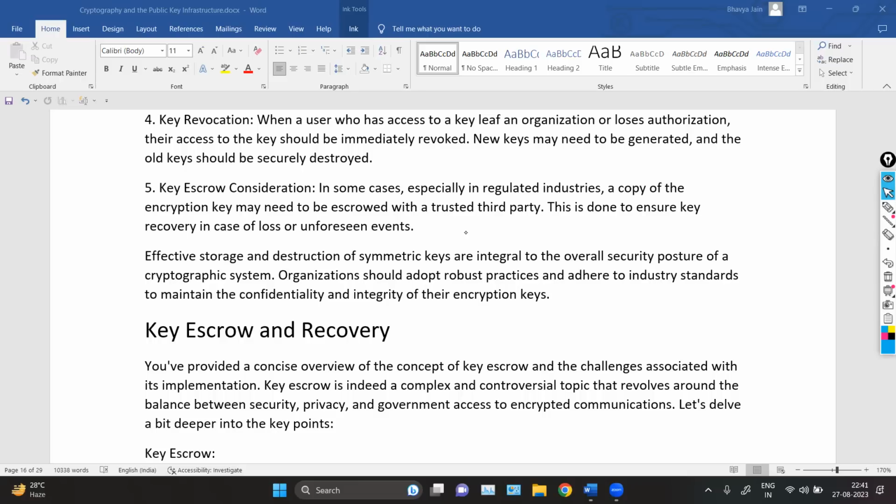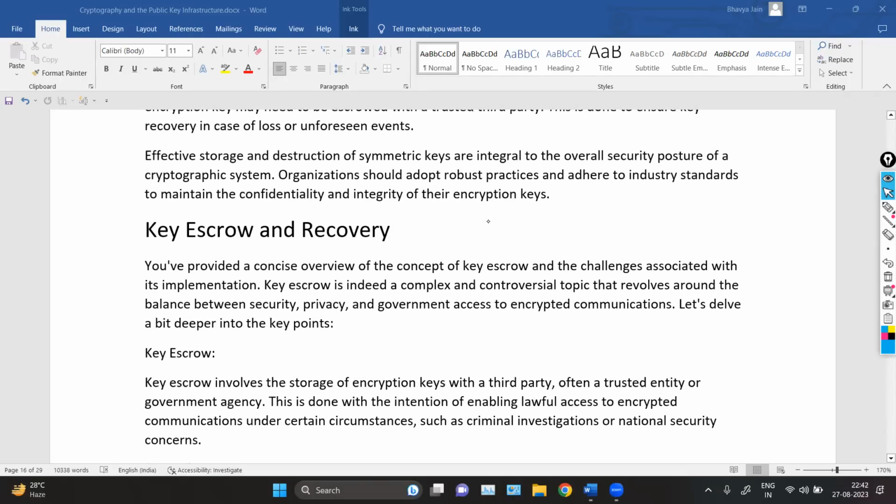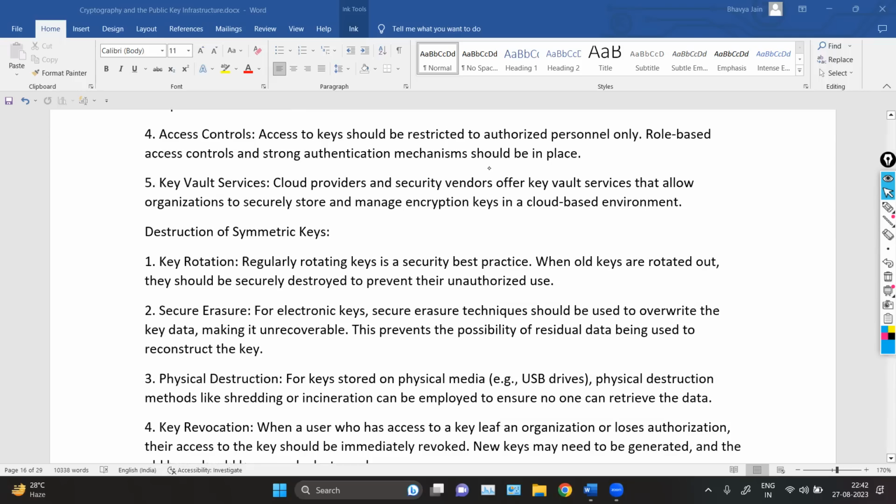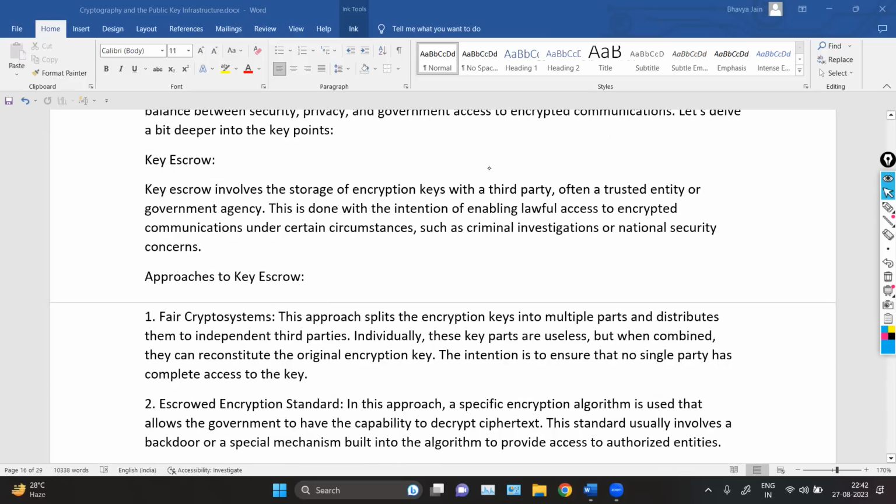And also you have to give the backup of your keys only to a trusted third party. Okay, so effective storage and destruction of symmetric keys are integral to the overall security posture of a cryptographic system. Organizations should adopt robust practices and adhere to industry standards. So we can maintain confidentiality and integrity with the help of these mechanisms.